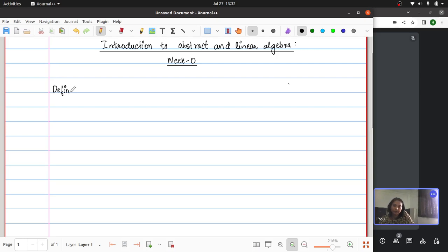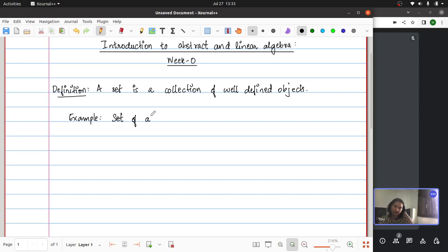A set is a collection of well-defined objects. So, for example, you look at the set of all letters in the English language.